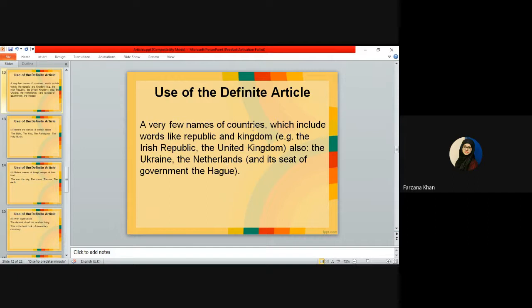But the rest of the countries don't require the definite article, other than the names of countries which include some common noun, such as republic, kingdom, states, and united. Well, I hope this rule is pretty clear to all of you.